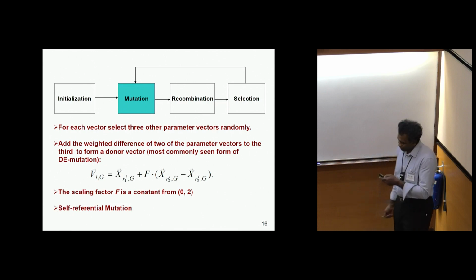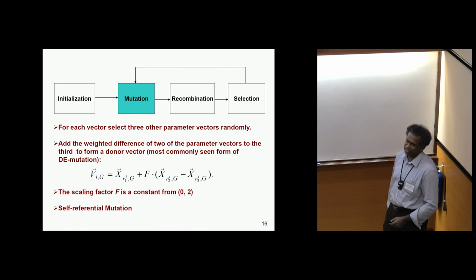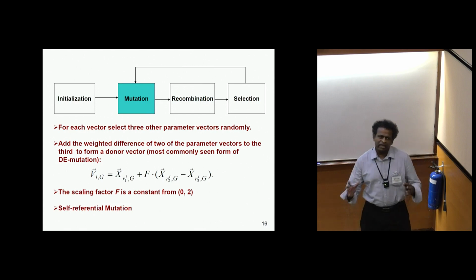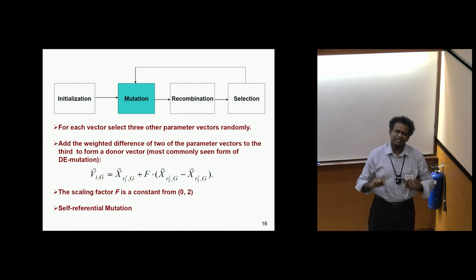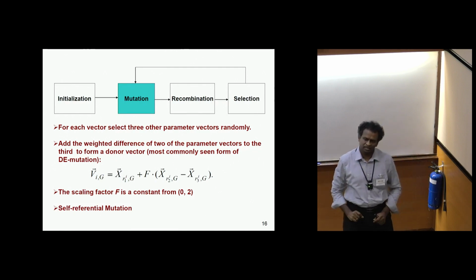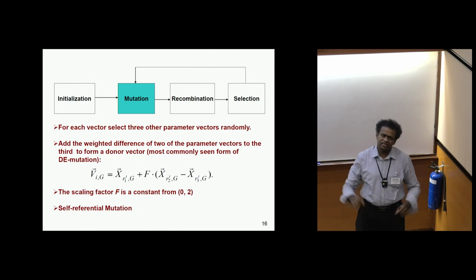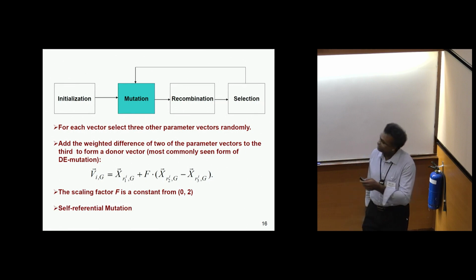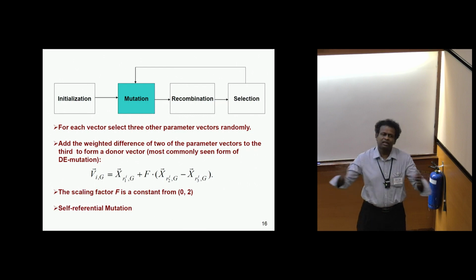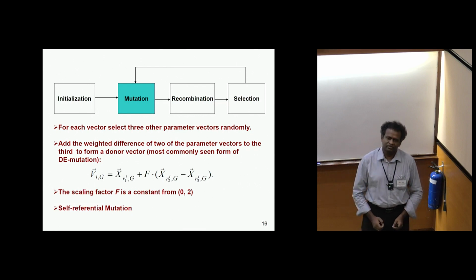How can you visualize the advantage of this difference vector? Imagine initially you have a search space and you are randomly initializing the members all over the search space. In the initial stages, the population members may be well separated. When the population members are well separated, the difference vector will have reasonably large magnitude.